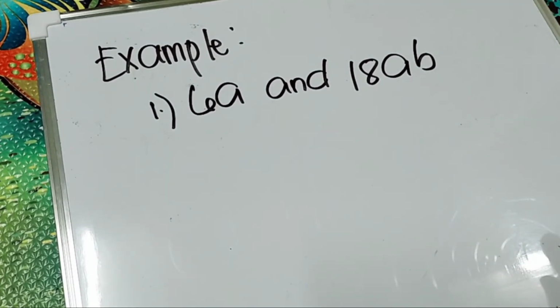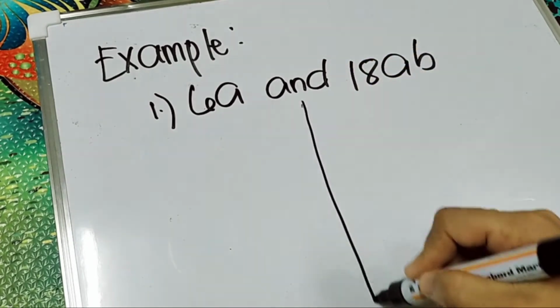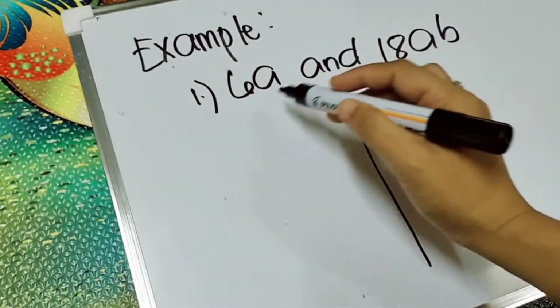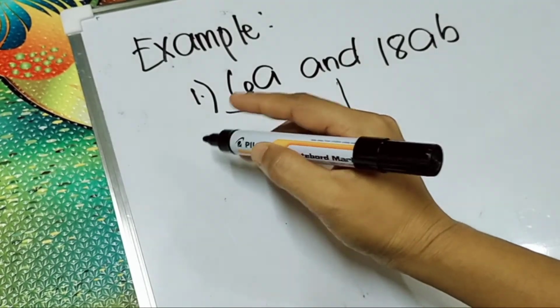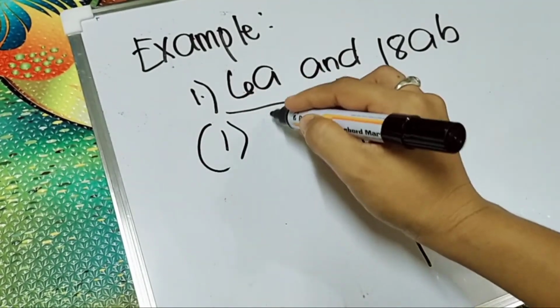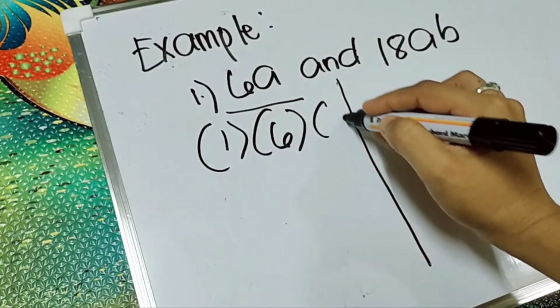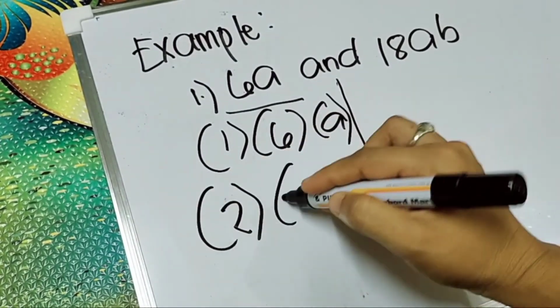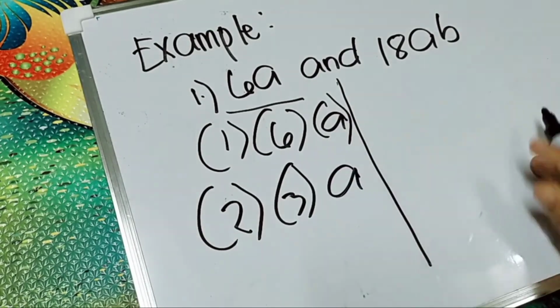Based on the last session, we first determine the common factors of both. You have to use a table or the t-chart. Let's have the factors of 6a. We have 1 times 6 times a, and also 2 times 3 times a.